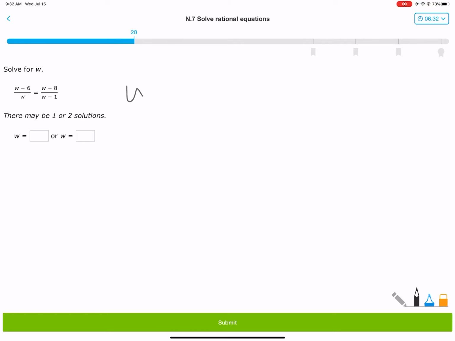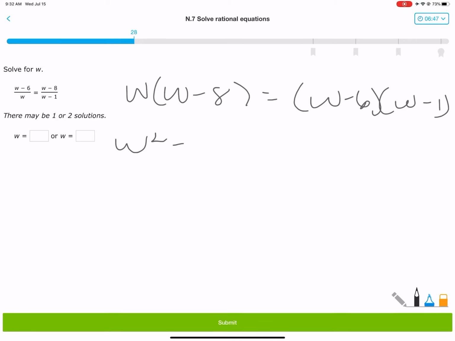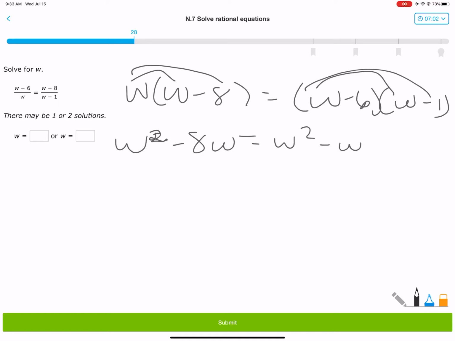We got w times w minus 8, and we got w minus 6 times w minus 1. So we got w squared minus 8w. And we got w squared minus w minus 6w plus 6.